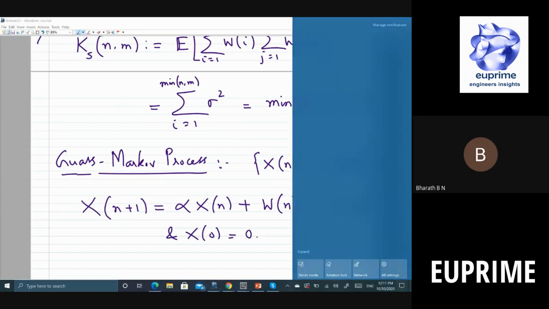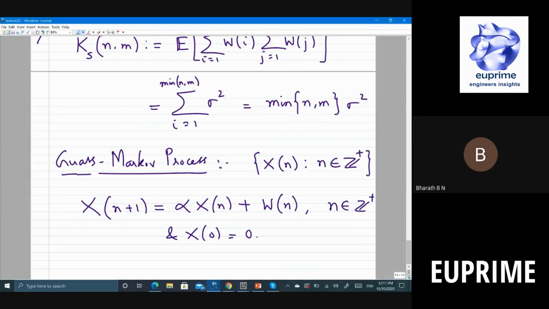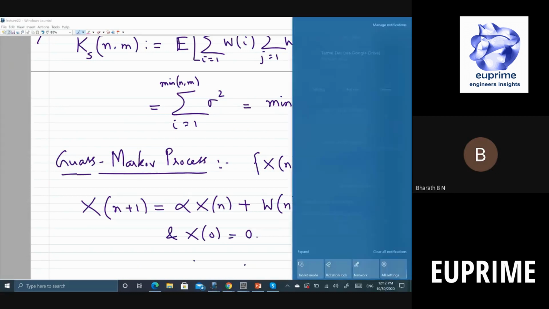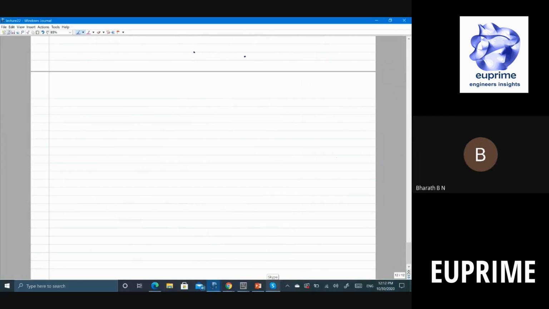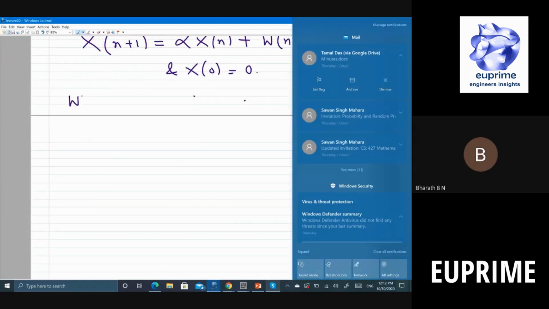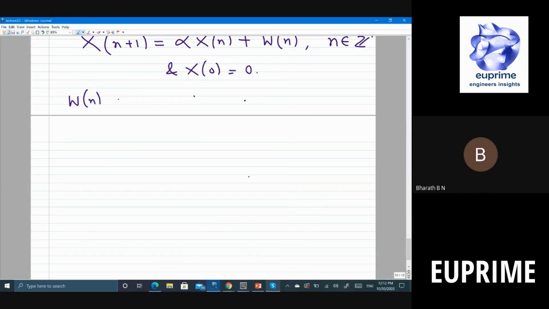Okay, I should also describe what w of n is. So W of n is IID with Gaussian, zero mean, and variance, let's say, sigma squared.